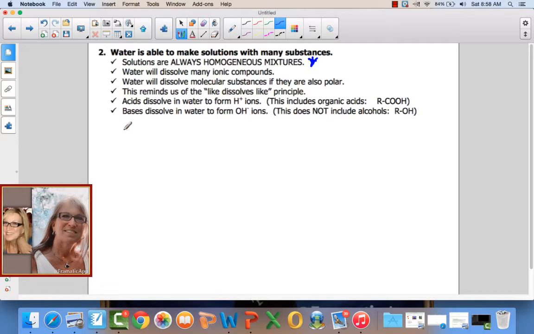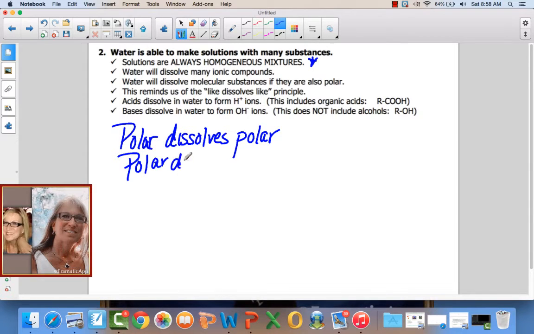So when we think about like dissolves like, polar dissolves polar, polar dissolves ionic, nonpolar dissolves nonpolar.